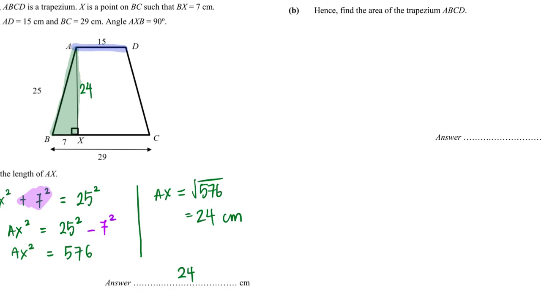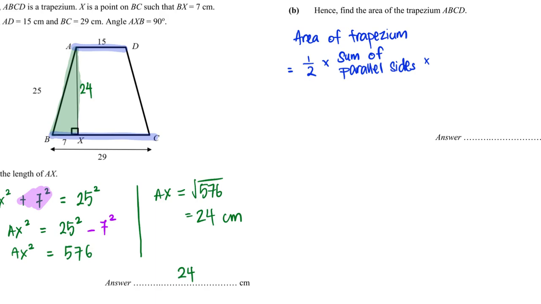At this stage, do take note that I hope you all remember the area of a trapezium is equal to half times the sum of the parallel sides times the height of the trapezium, which is the perpendicular length. And in this case, we've successfully gotten the height. This is 24.